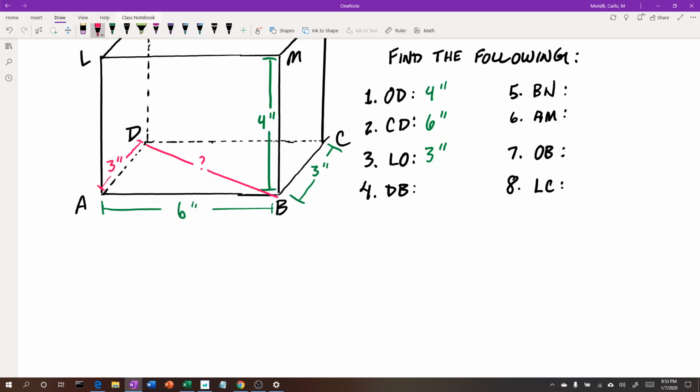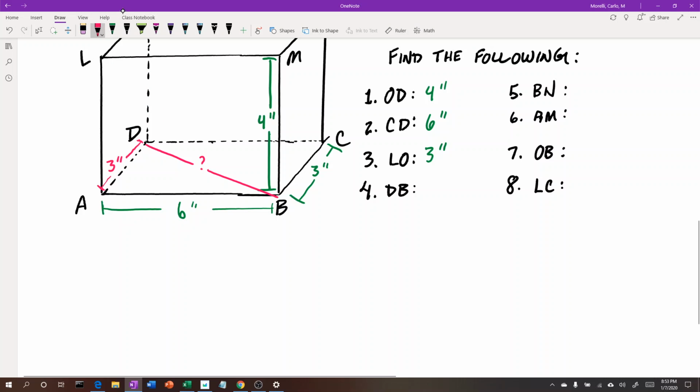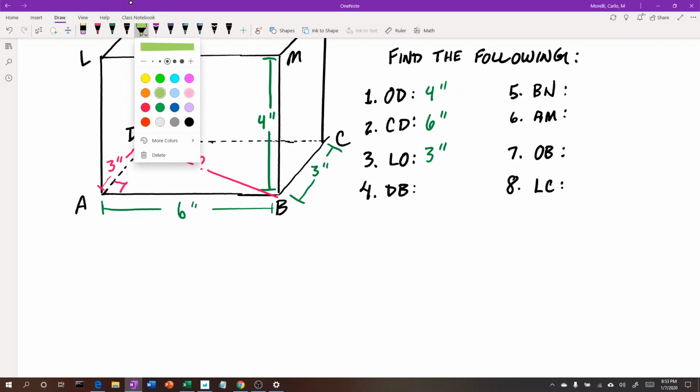Well, now, remember what I told you from before. This is a right angle, okay? So we can figure out this triangle down here. Let's take a look. See, we have all the information to figure out this triangle down here.